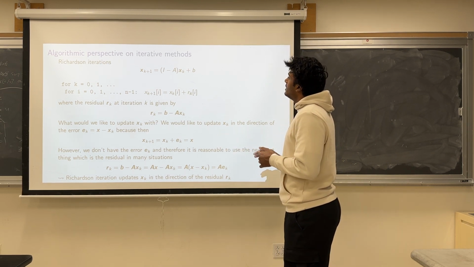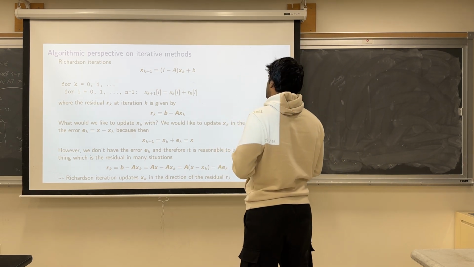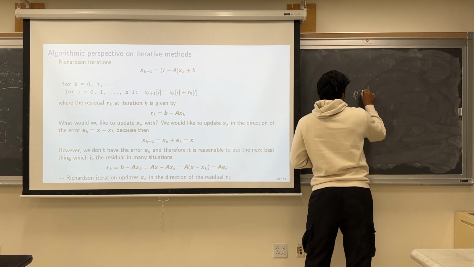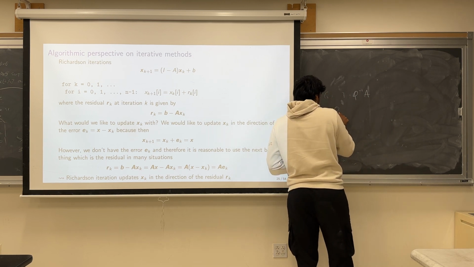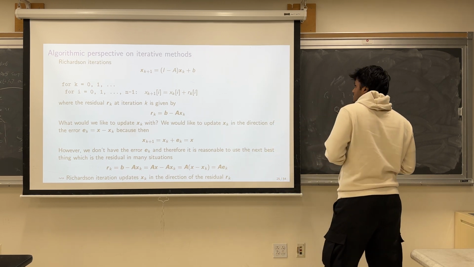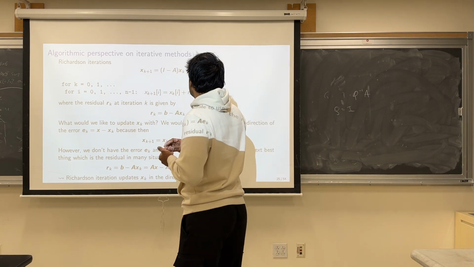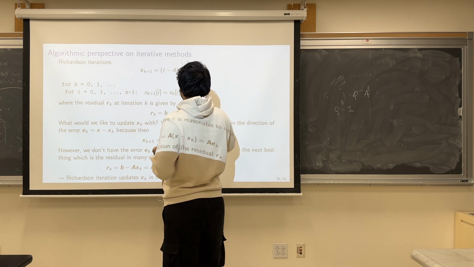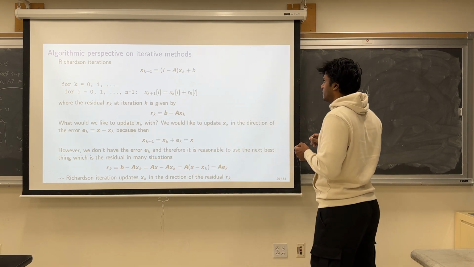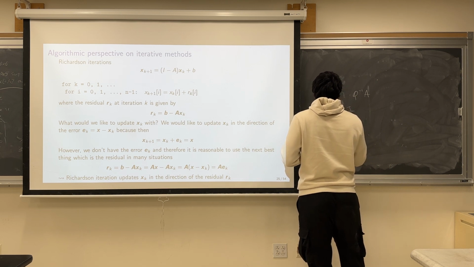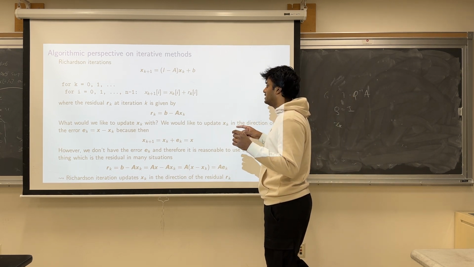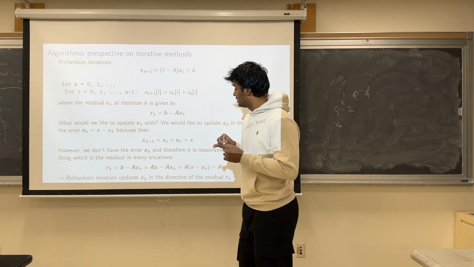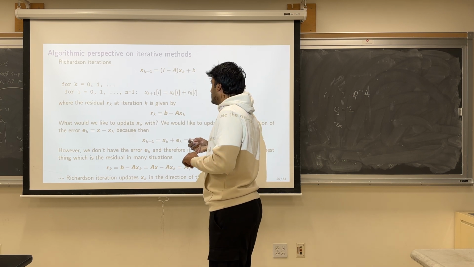Richardson is just choosing my G as I minus Q inverse A and choosing my Q as identity. This is Richardson. So what's going on in the Richardson method? x_{k+1} is x_k plus b minus A x_k.